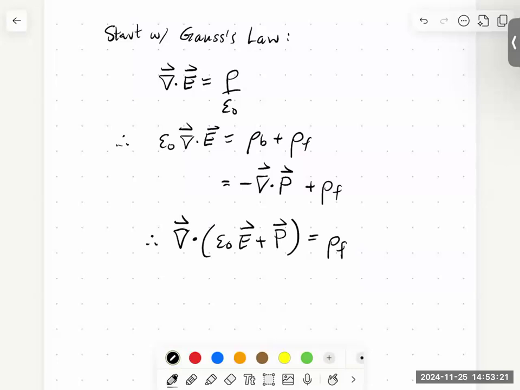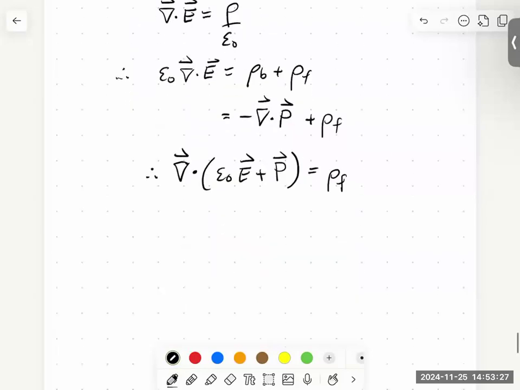We just divide by epsilon naught, and we can drop the subscript for the free charge. This quantity in the brackets is defined as D, and that is what's called the electric displacement.